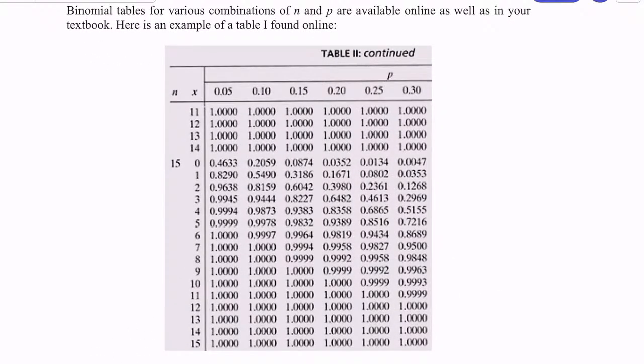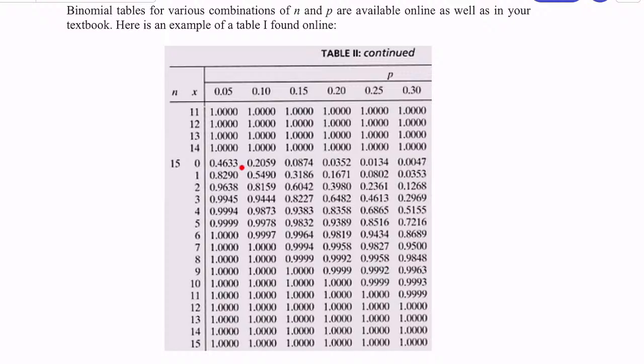Here's an example of binomial tables you can find online. Before calculators were everywhere, in universities and in engineering offices, people had tables of probabilities for the binomial distribution. The P would be along this axis and the N would be down here. These were set up as cumulative tables. You could also have the one that we're developing, where you just have each of the values, but these are cumulative.